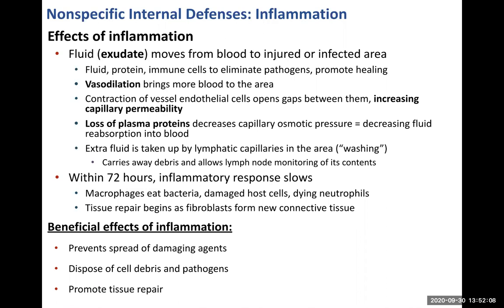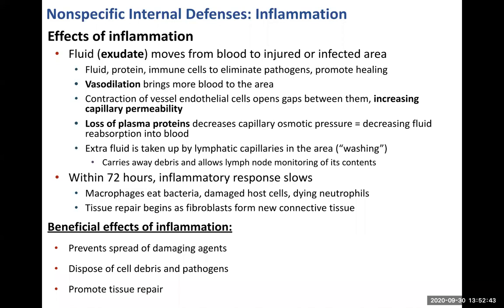Because of this increase in vascular permeability and vasodilation, we get fluid accumulation in the area where the infection has taken place. That extra fluid helps to wash the area and push that fluid into the lymphatic system, which helps to activate the immune response and especially helps to activate an antigen-specific type of response.